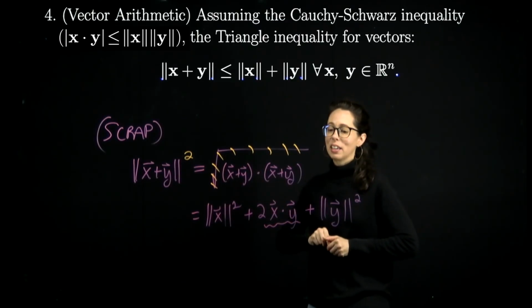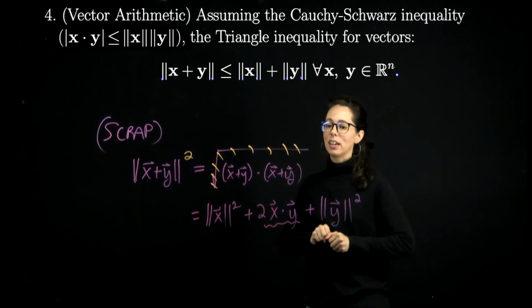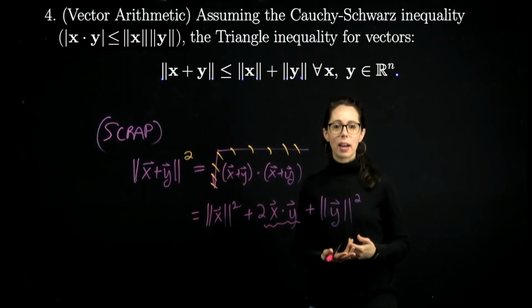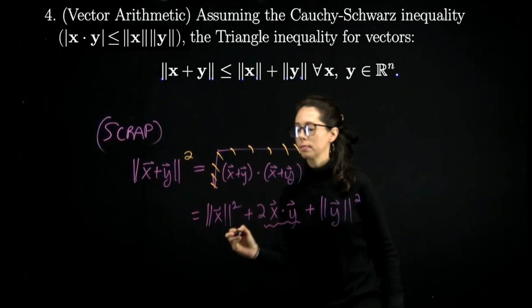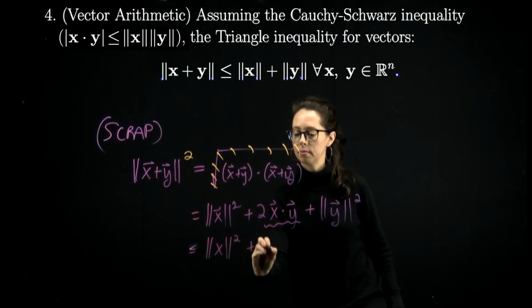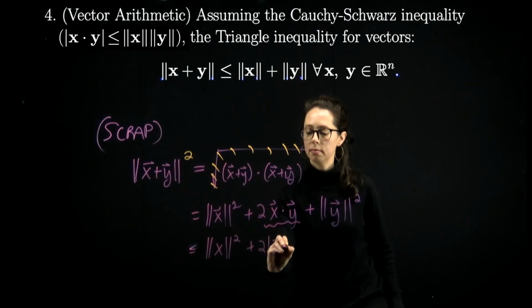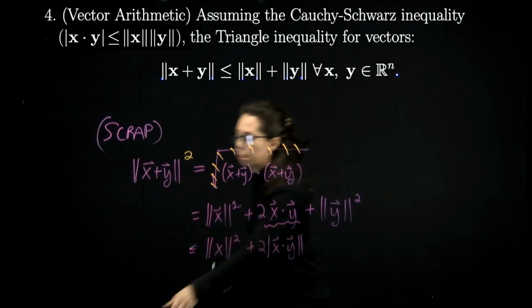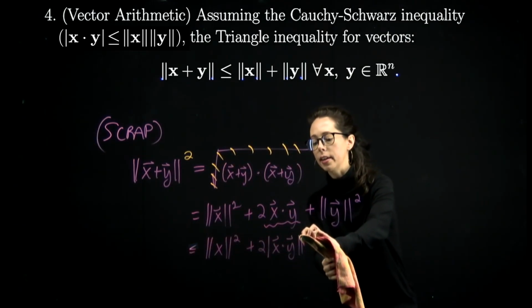So if you want to take a dot product, which could be negative, and go up in size, we could take its absolute value. Oh, sorry, this is just absolute value because x dot y is a scalar.